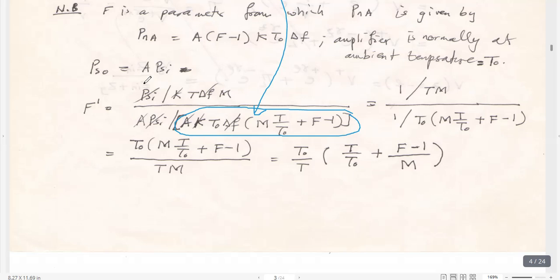Now again we cancel PSI with PSI, and also we cancel A with A here, and K is cancelled with K here, and delta F is cancelled with delta F here. So this will be in the numerator now, and this is in the denominator.